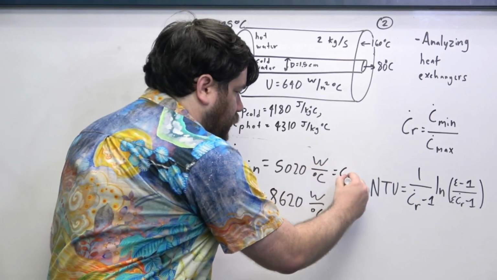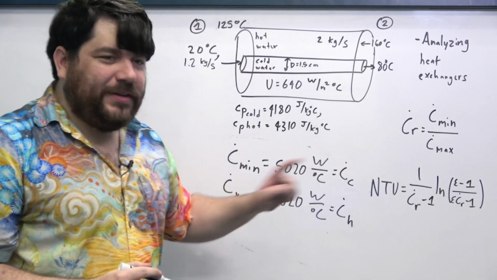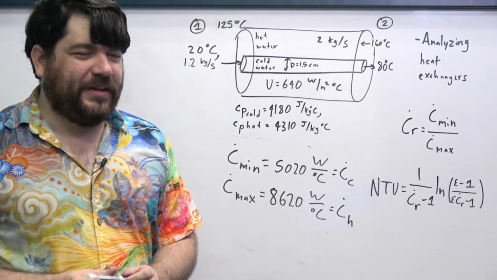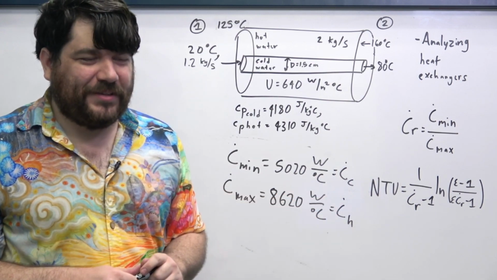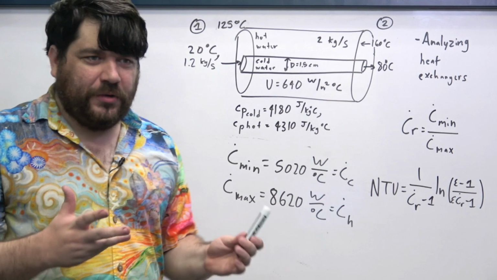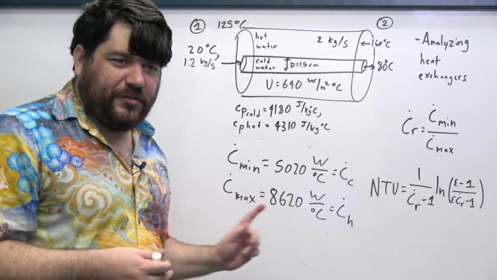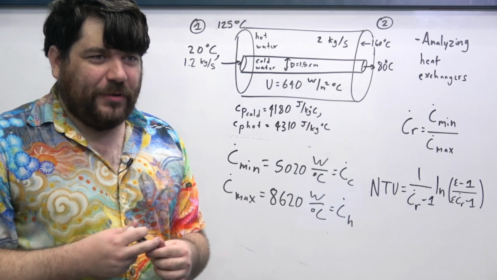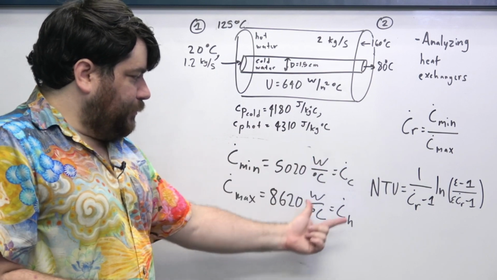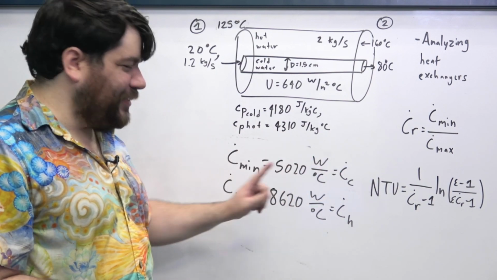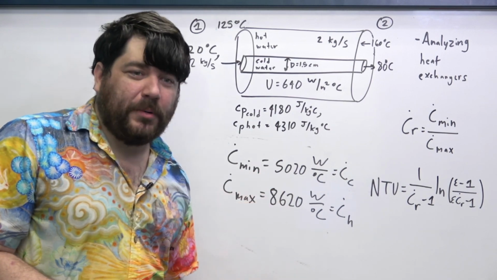Okay, so this one is the heat capacity rate for the cold liquid, and this one is the heat capacity rate for the hot liquid. And there's nothing that would have been able to tell us what those numbers were before we actually did the calculation. I just know what they were because I have it written down in my notes. But we would calculate both of these, detect that this is the smallest one, and then off I go. All right, so these are the numbers.